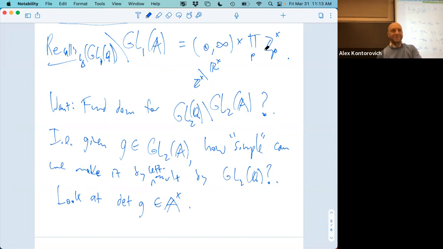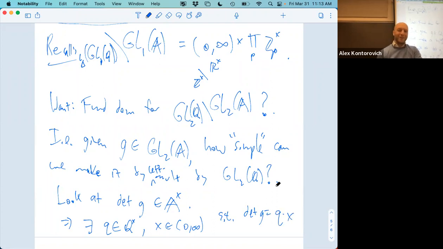That's exactly this. Okay, so the determinant is an edel. That means there exists a q in the rationals and an x in 0, infinity, such that the determinant of G is equal to q times x. I don't have to worry about the order because GL1 is abelian, but I'll write it in the proper order. Q is on the left, and then what's left is an element here.